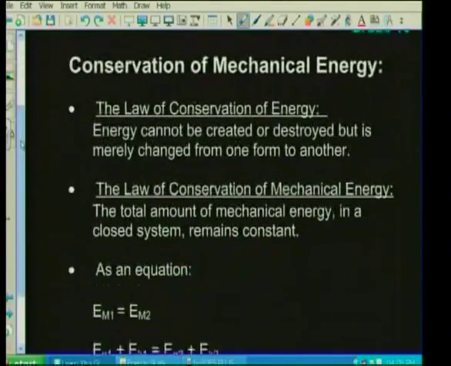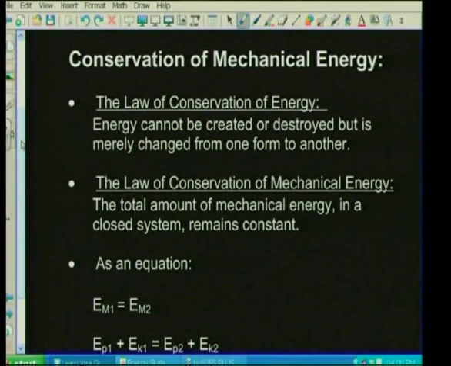But why is this mechanical energy so important to us? Because of our conservation laws. You've learned that the conservation of energy as a whole is that energy cannot be created or destroyed. It is merely changed from one form to another. You would have done chemical changes in grade 9, for example. We take coal, which has chemical potential energy in it.